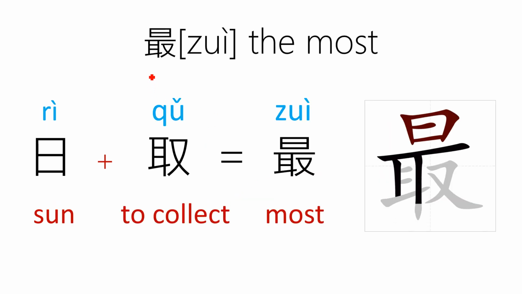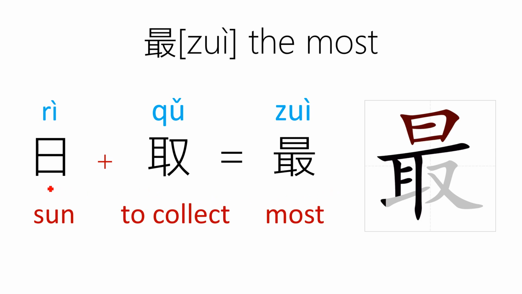最 is a quite complicated character. First of all, it has 日, and underneath is quite similar to 取. 取 means to collect. And it makes this character 最. 最 means the most. So we can say 我最喜欢, I like something the most.